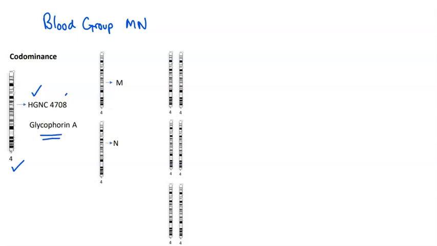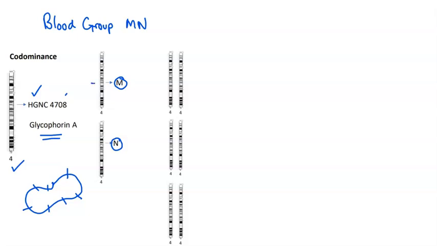If I just draw a little image of this, there's a red blood cell, and we have proteins sticking through the membrane like so. And these proteins are identified either as type M or type N. And these are actually the alleles of the gene.